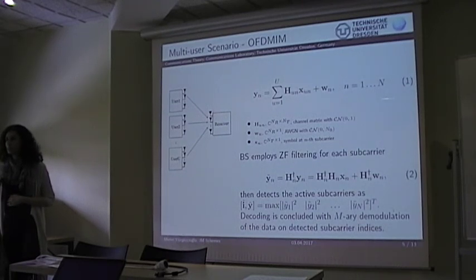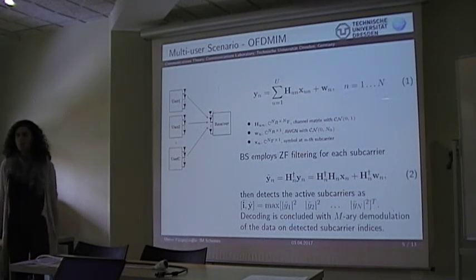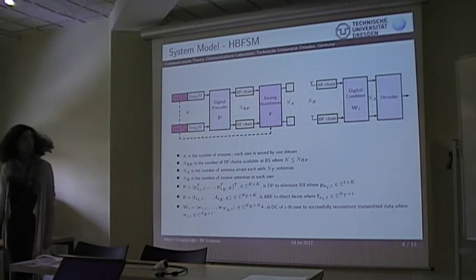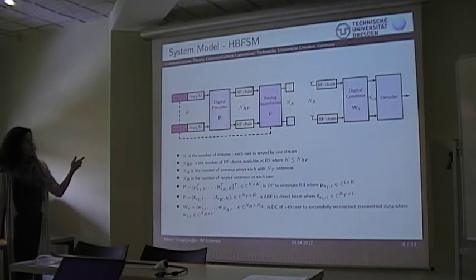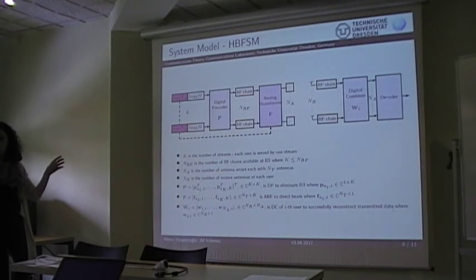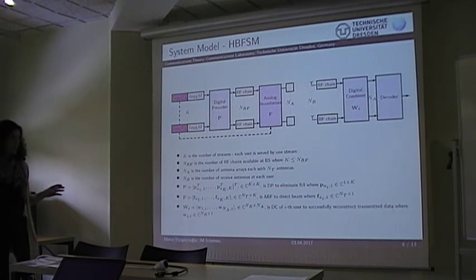What about the complexity of index modulation? Can it work with a massive MIMO system when you have a lot of antennas? Yes, that is why I worked on this hybrid beamforming scheme, where you don't choose among transmit antennas, you choose among antenna arrays. You can increase the number of transmit antennas as much as you want.